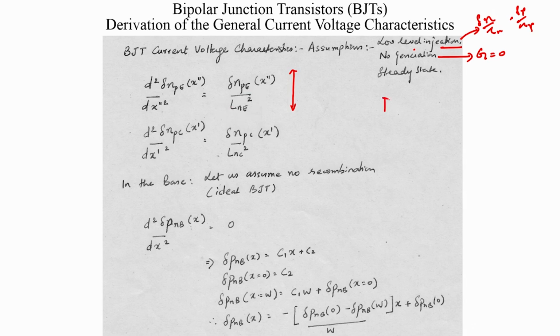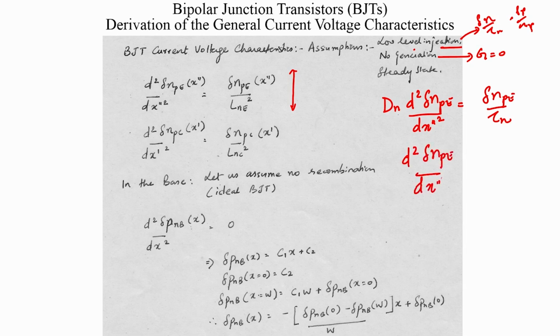The actual continuity equation is d squared delta n_pE by dx double dash squared equal to delta n_pE by tau n D_n, which is nothing but your L_n in the emitter squared. So that is the leap we have taken here. And similarly for the collector, so that is for the emitter, right.